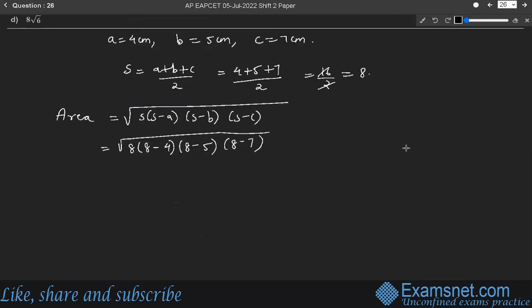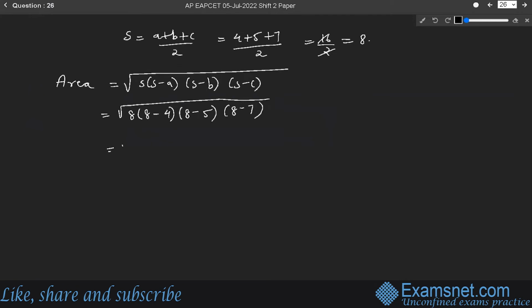On further solving this, it will be equals to under root of 8 into 4 into 3 into 1, which is equals to, see, 8 can be written as 4 into 2 and the remaining terms are 4 into 3 into 1. Now, since 4 is in square root, so it can be taken out. So if 4 comes out of the square root, it becomes 2.